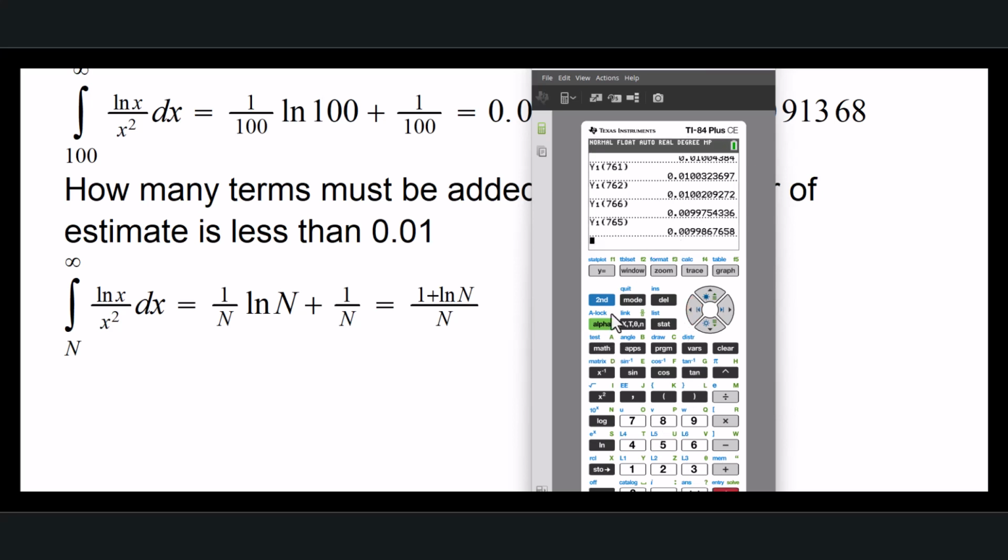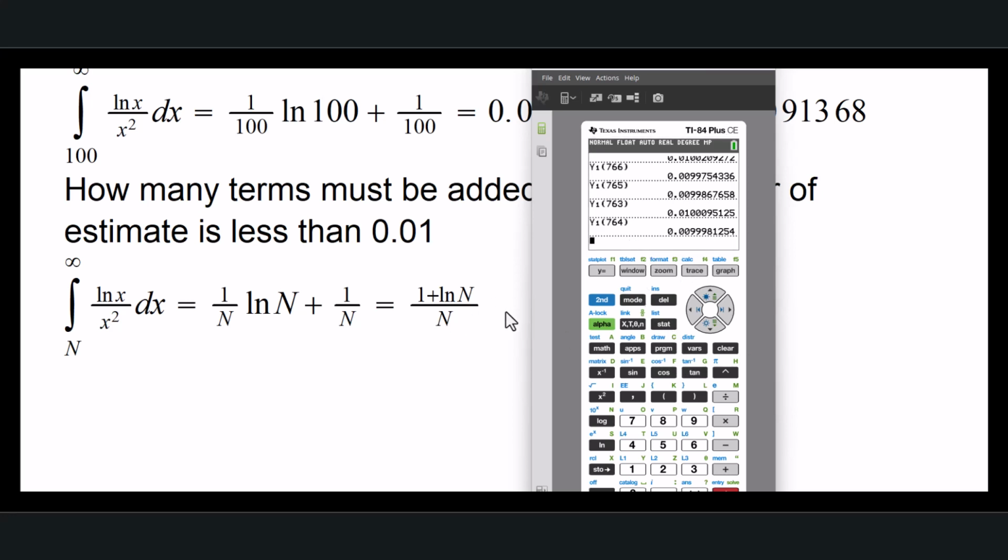And 765 is enough as well. And we know 762 will be slightly more. I don't know why I made a big jump. So 762 appears to be, 764 appears to be our value, to the best of this calculator.